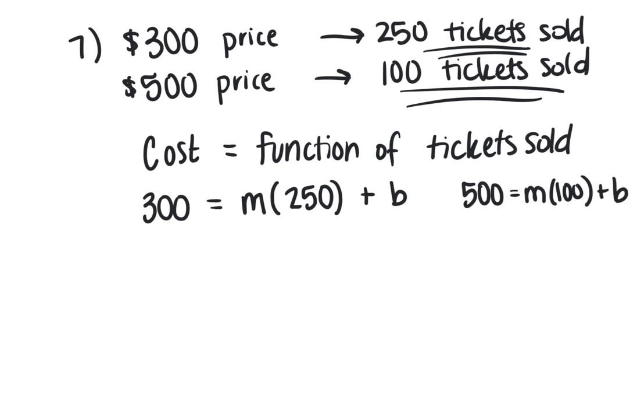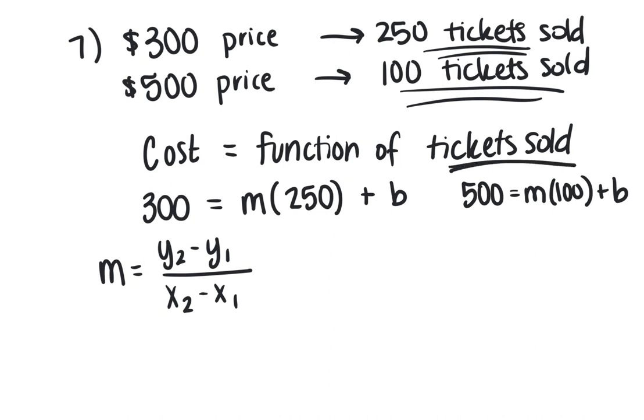So in order to solve a problem like this, there's a couple of ways of going about it, but the way I like to do this is we have formulas that help us figure out what m equals. So m is going to equal where you subtract the y's, subtract the x's, and divide. Which one's x and which one's y? Well, x is going to be your tickets sold, and y is going to be your cost.